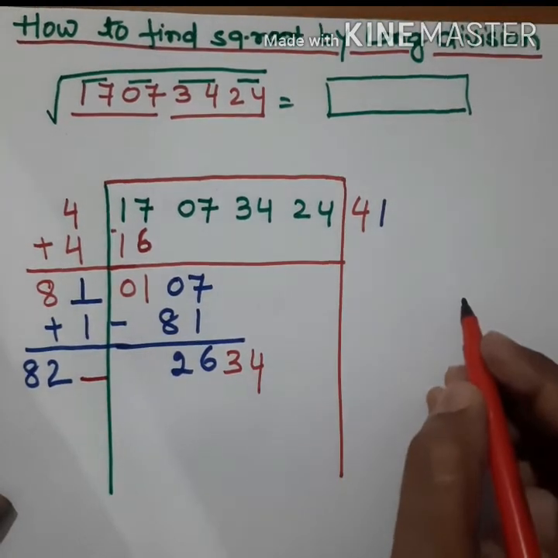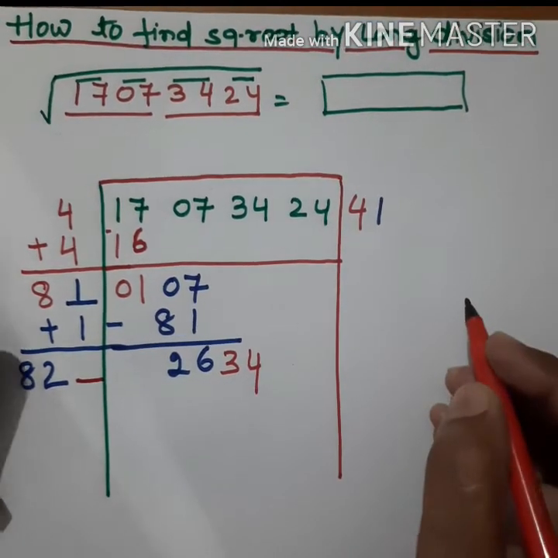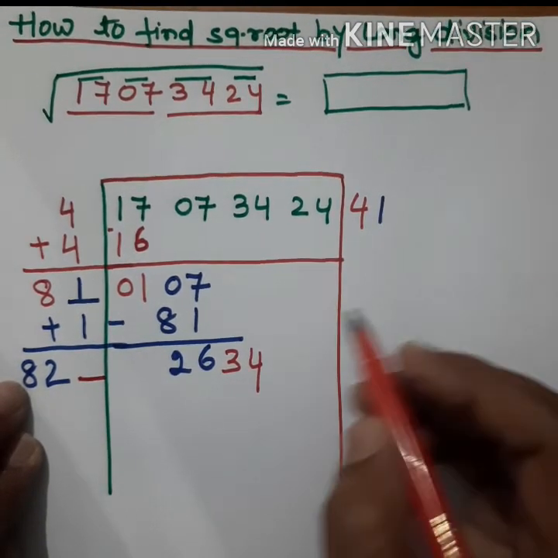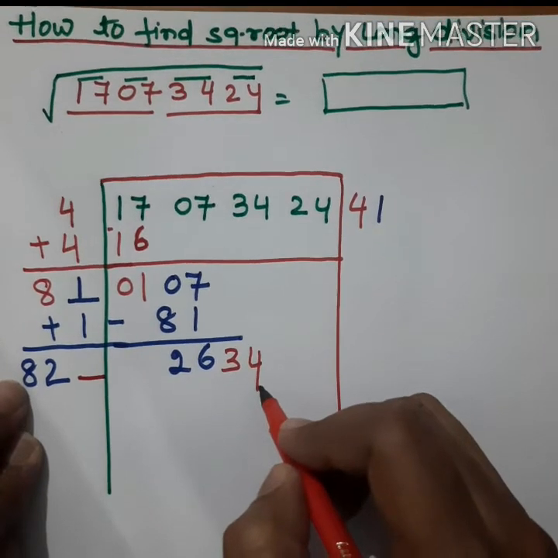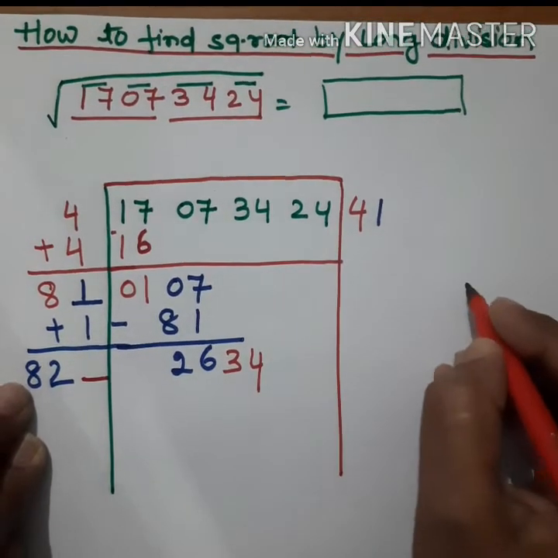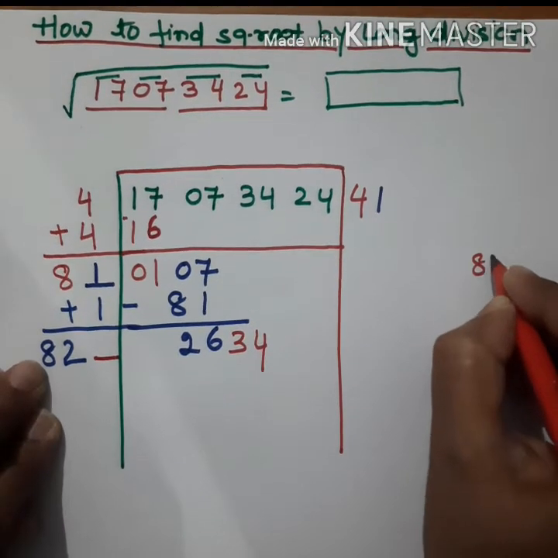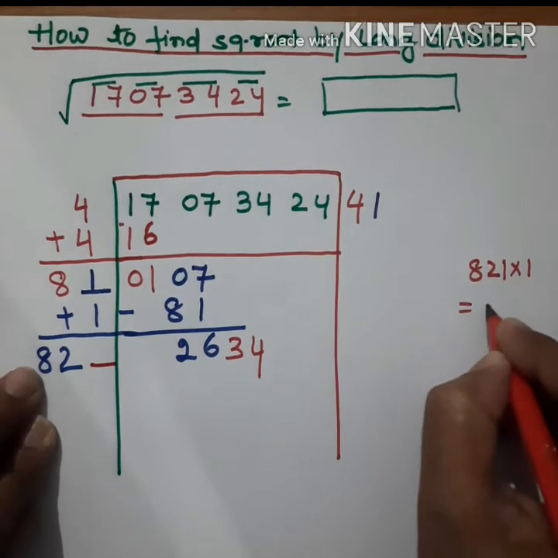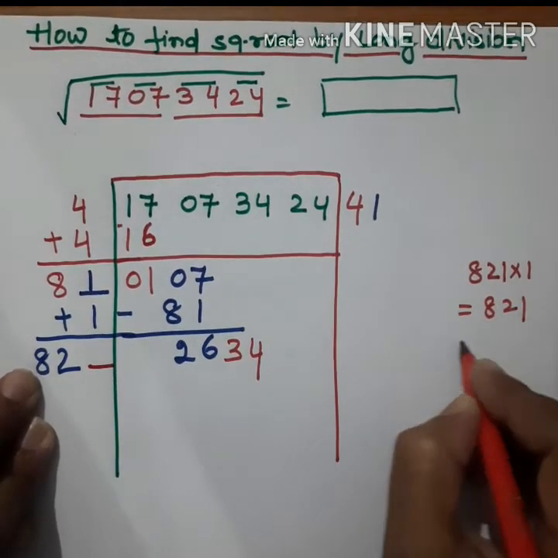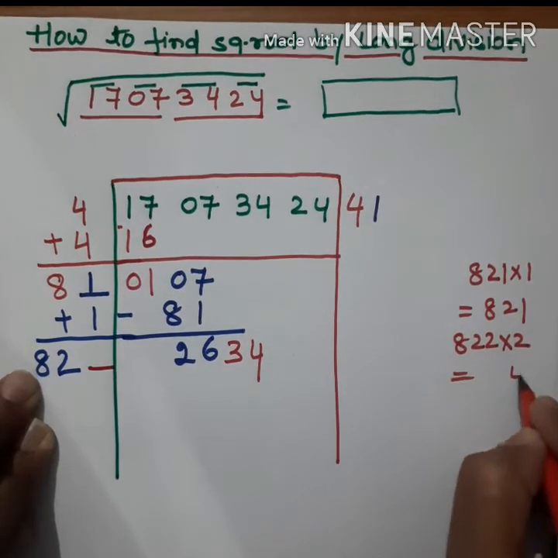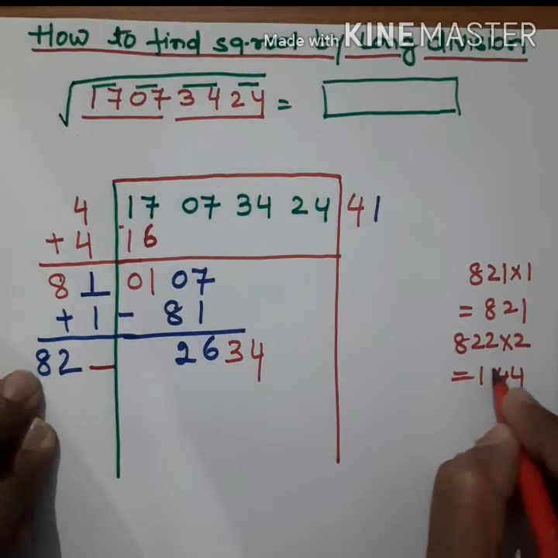2634. Now again you have to find what number comes with 82 so that you can find a suitable number which will be subtracted from 2634. What will you do? You will start the tables. 821 into 1 will be equal to 821. 822 into 2 will be equal to 2 2s are 4, 2 2s are 4, 2 8s are 16.